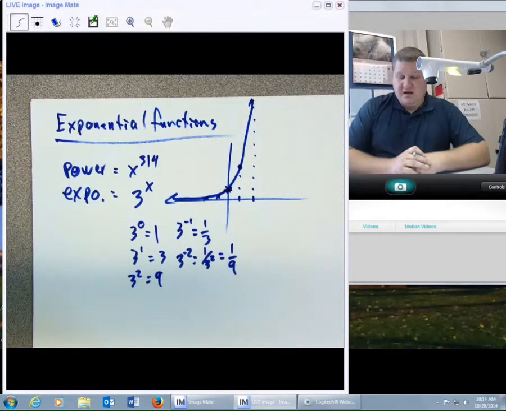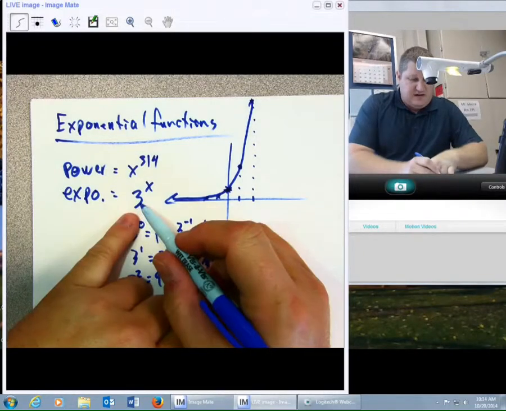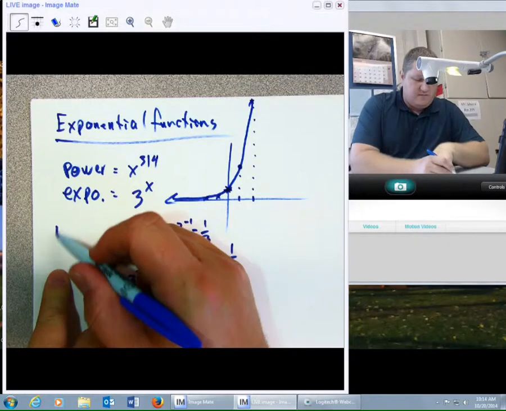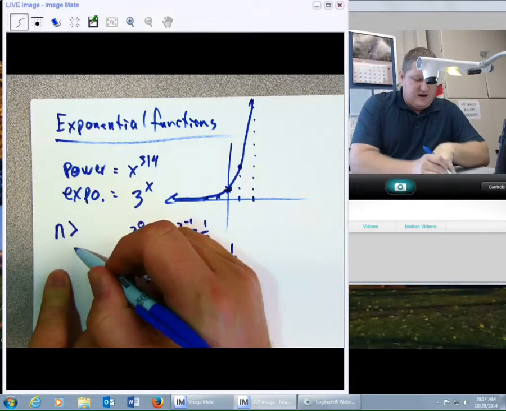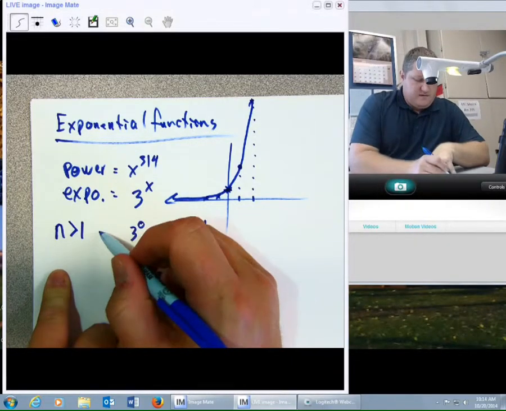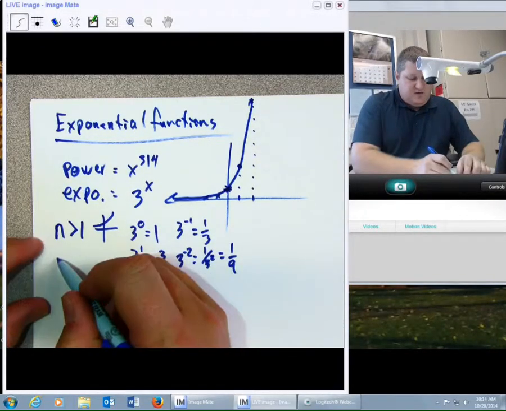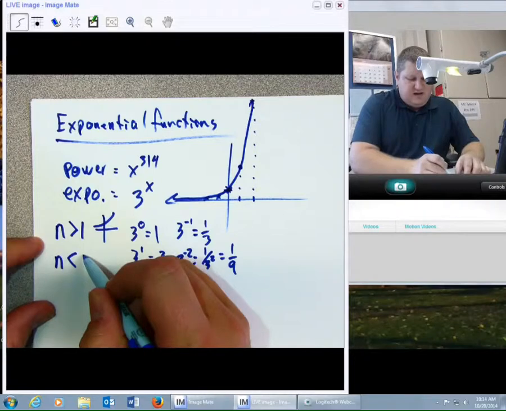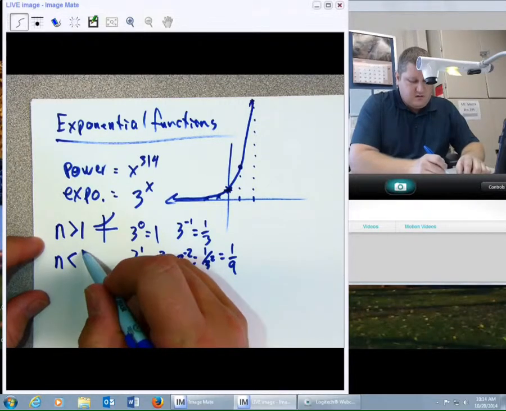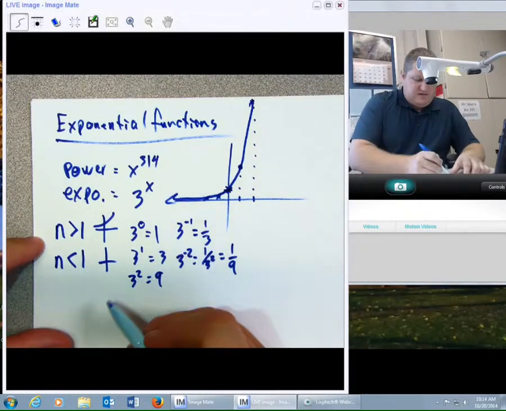Now, that is if the base is greater than 1. So if n is greater than 1, then the graph shape rises from left to right. If, on the other hand, n is less than 1, that means you're going to have something as follows.